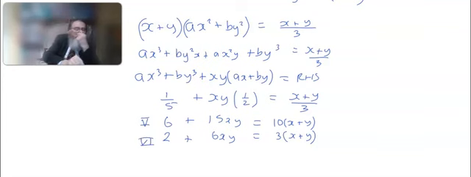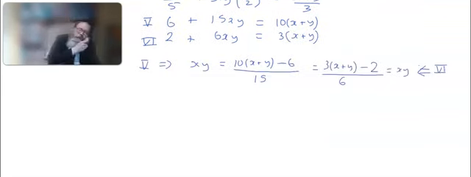And what I can do now is I can use these equations to find x and y. And so what I shall do is to make xy the subject of each of them, which will give me a way of discovering x in terms of y. And so making xy the subject of number 5 and number 6, I arrive at the statement that 10 lots of x plus y minus 6 over 15 is the same as 3 lots of xy minus 2 over 6.